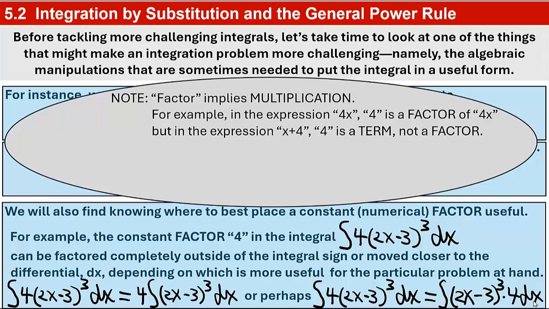But if I have the expression x plus 4, 4 is not a factor, that's a term. So what I say about factors being factored out of an integral only applies when the number is multiplied, not when it's just plus something, minus something. It's got to be a factor.